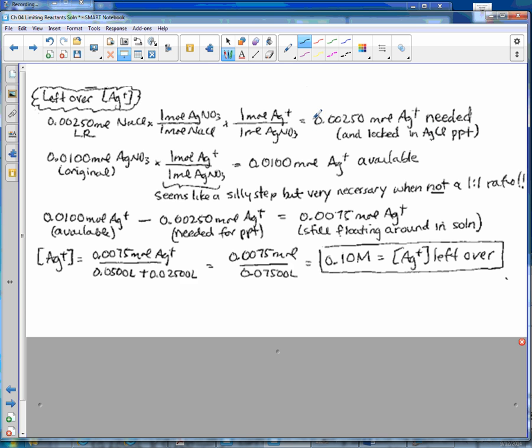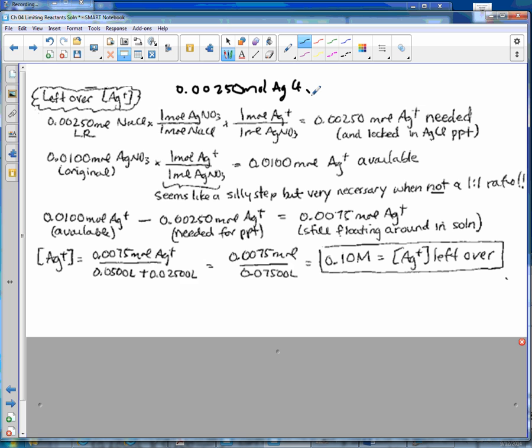There are some different ways to do this. If you started with the precipitate instead, I know I'm going to make 0.00250 moles of silver chloride. This is painful to watch, I know. So you can start with the original amount of sodium chloride, the reactant that you're going to run out of, or you can start with the amount of precipitate that you know you're going to make.